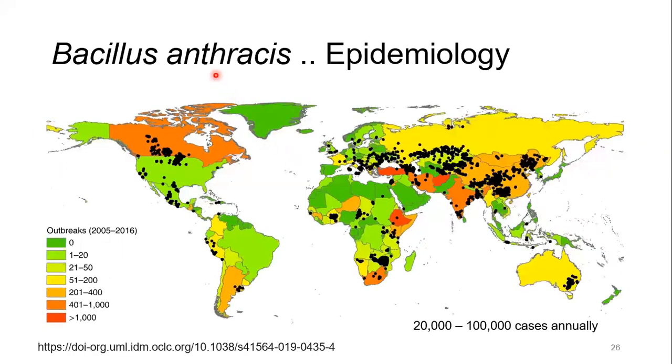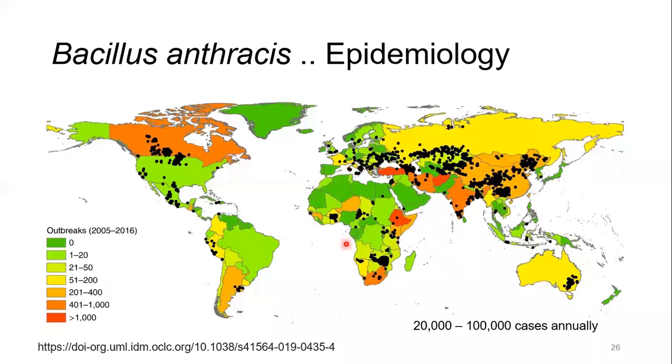So in terms of epidemiology, between 2005 and 2016, there have been large numbers of cases in Canada and some parts of Asia, and that seems to vary. Africa seems to have very few cases, which I don't think is really true.